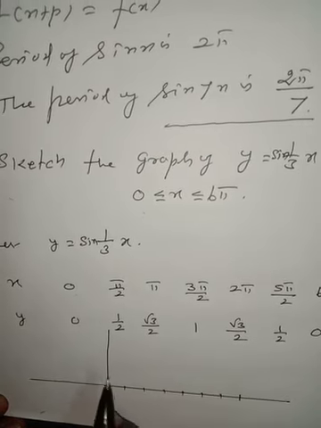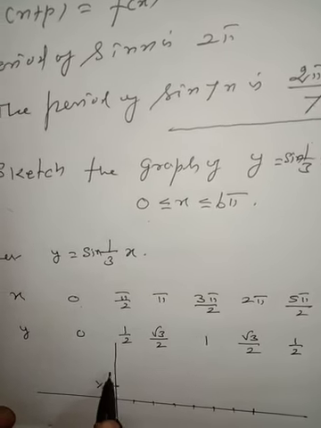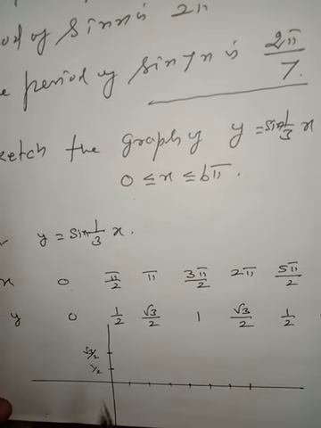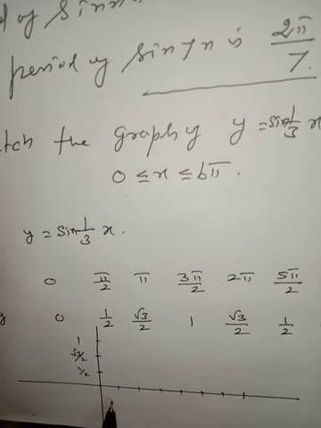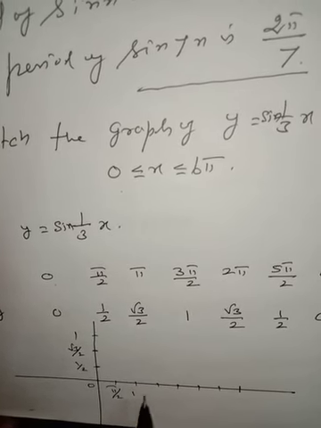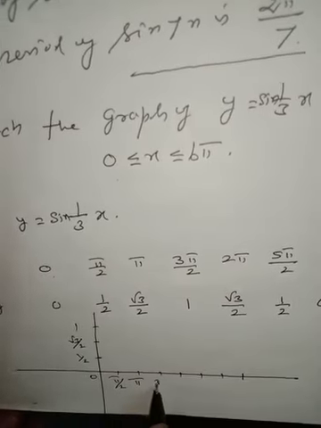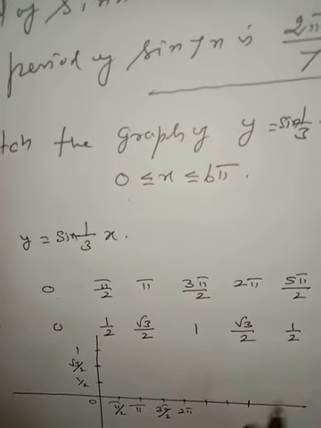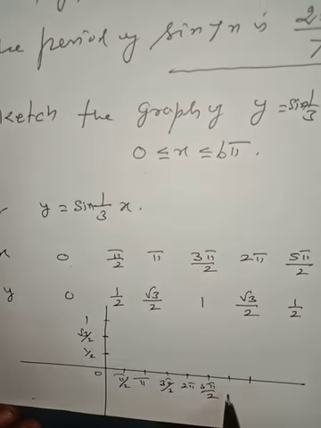On the x axis: pi by 2, pi, 3 pi by 2, 2 pi, 5 pi by 2, next 6 pi.